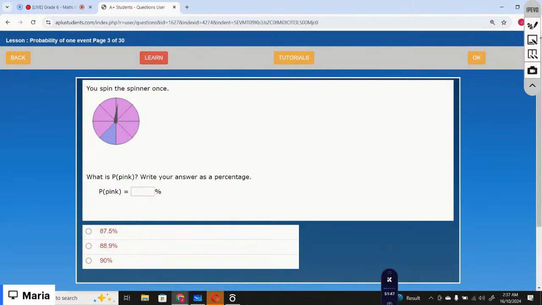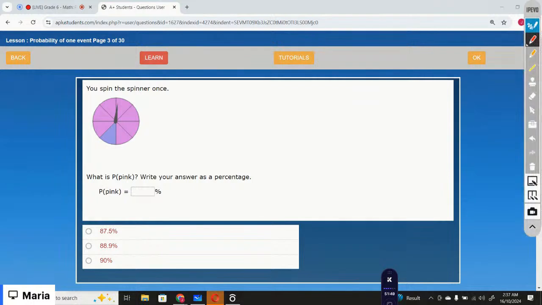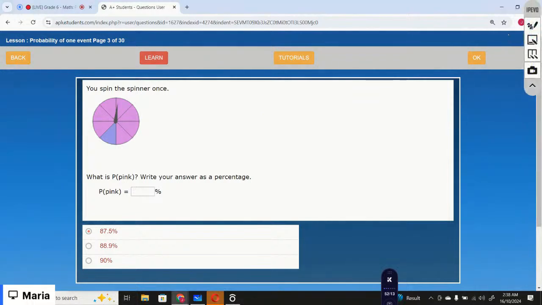You have all the portions pink except just one. All the portions are 1, 2, 3, 4, 5, 6, 7, 8. So 7 out of 8. You need to multiply it by 100. That is 87.5%. The correct option is 87.5%. Option number 1 is the correct option.